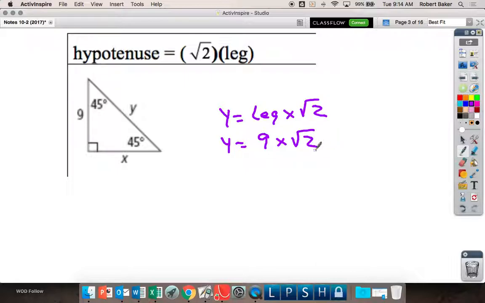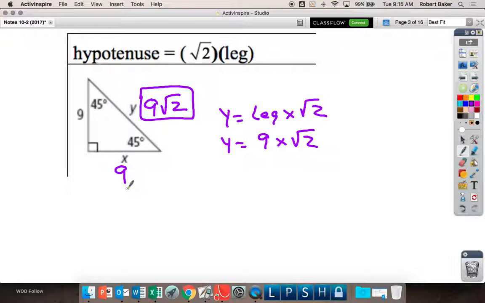So we have to figure out what 9 times the square root of 2 is. It's almost so easy it's tricky. It's 9 square root of 2. So what about x? How big is x? It's the same as the other leg, 9.